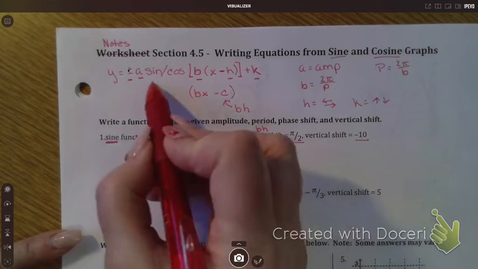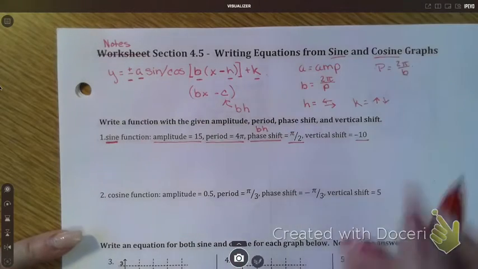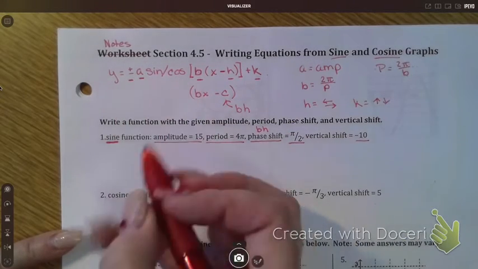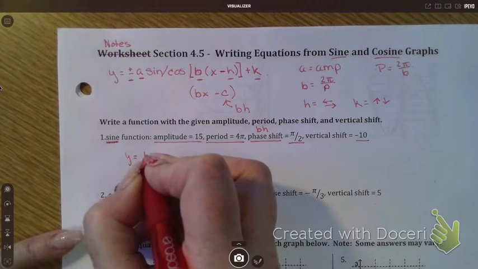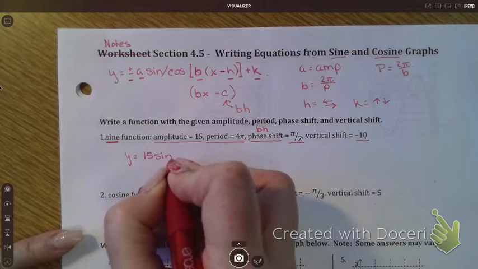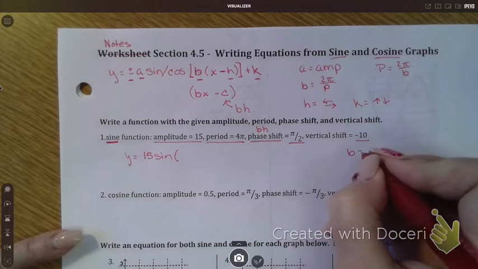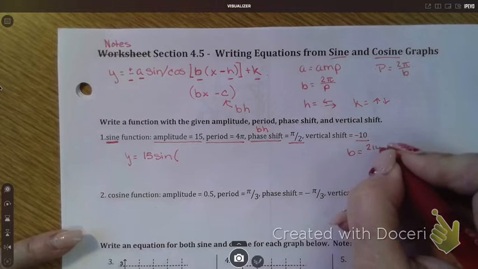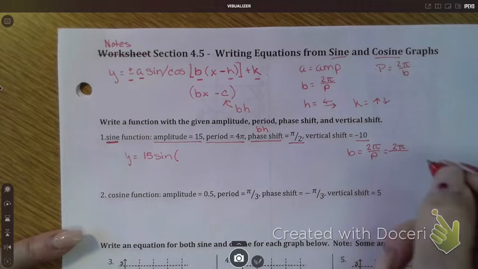So we're just going to fill it into this right here. Does it say anything about reflection? No, so it's positive. What's A? 15. So we have y equals 15, sine of. Now we need B. B equals 2 pi over P, so 2 pi over 4 pi.